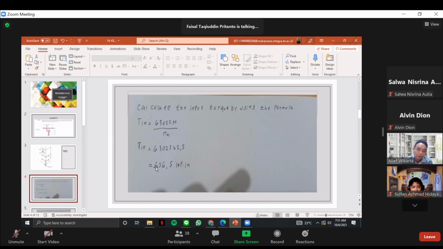And we substitute the numbers, then we get 656.5 pound force inch.